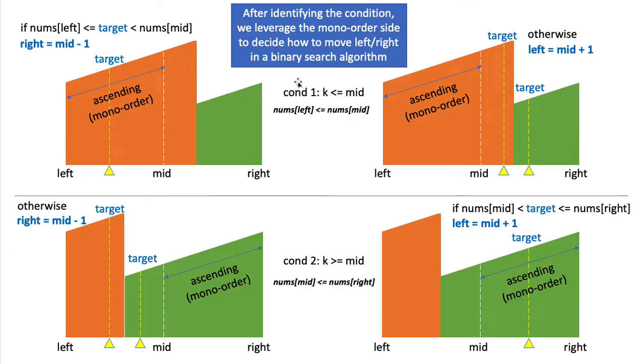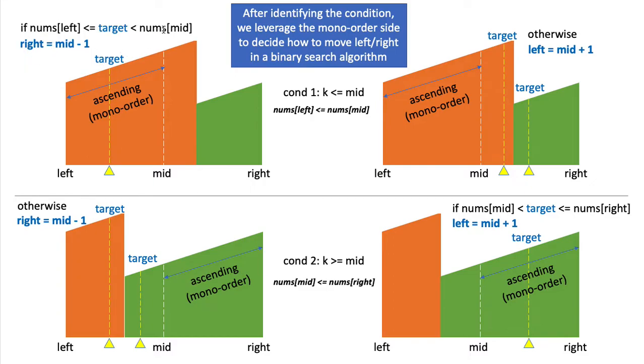Specifically, in condition 1, if target is between nums left and nums mid, which is a mono order here, then we are pretty sure the index for the target must be in this range. Then we can reduce the search range by moving right equals to mid minus 1.